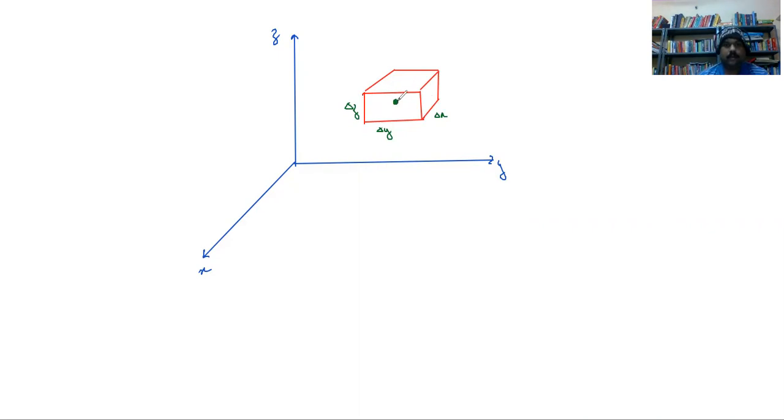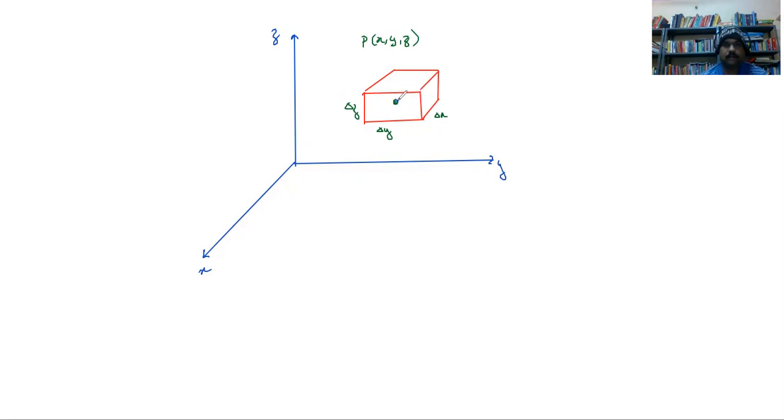Now I will consider a point P (X, Y, Z), which is in the middle of the not cube, but a parallelepiped like this. Okay, so this is the point P. Now I will assume that the electric flux is moving out from this point P through this differential volume element.